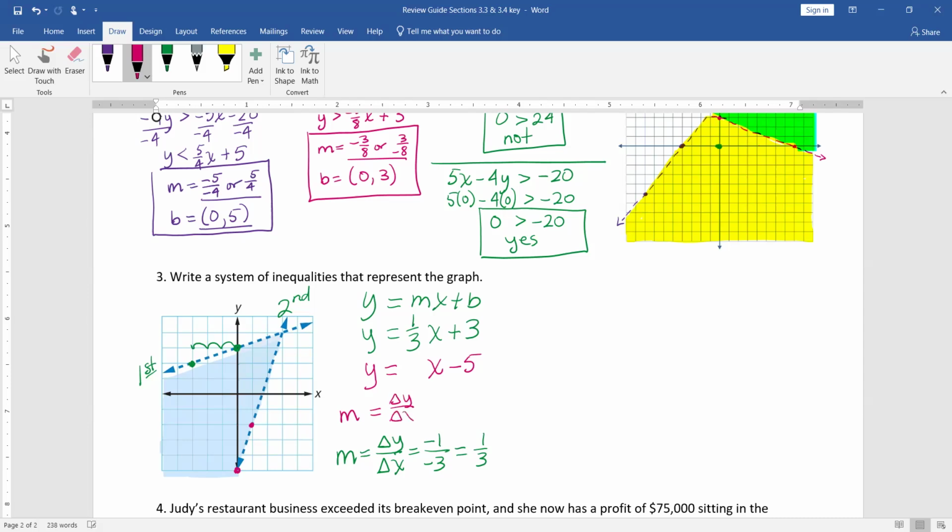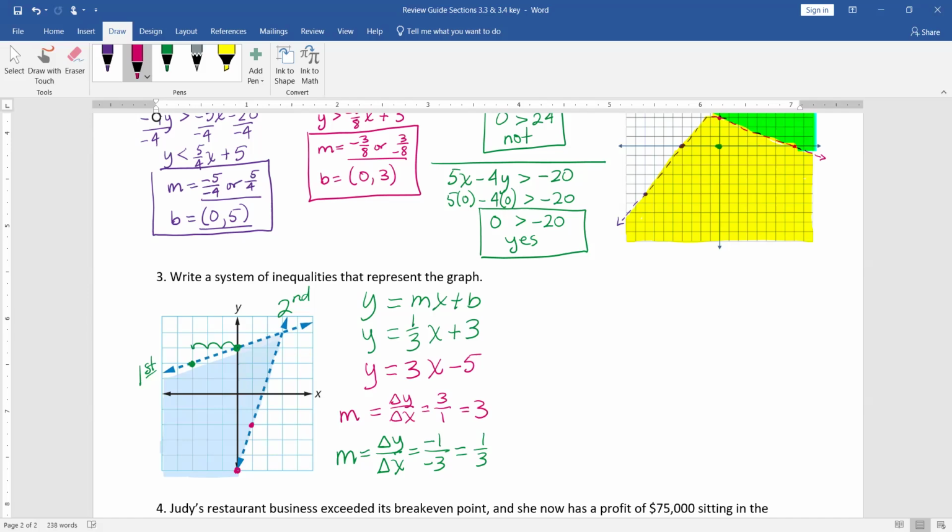Try not to do it like I do if it makes it super messy. Just use some different paper. My change in y is up 3, so that's a positive 3. My change in x is, I went right 1, so that's a positive 1. Well, that's just 3. So my slope is 3. So the coefficient of x is 3.